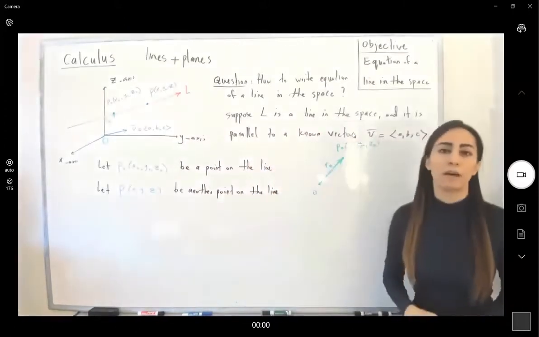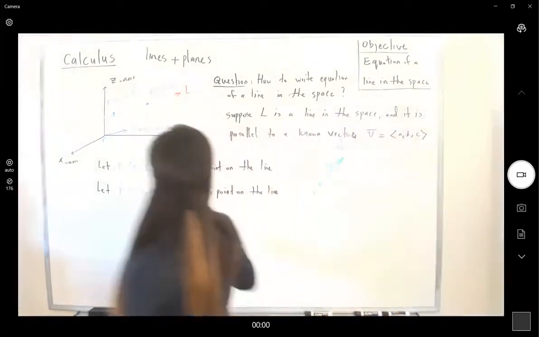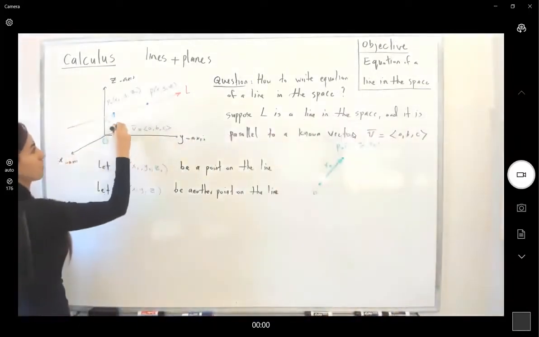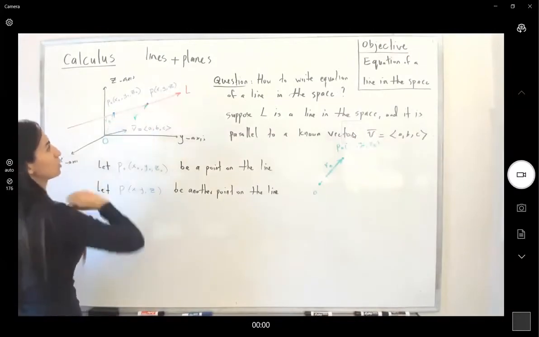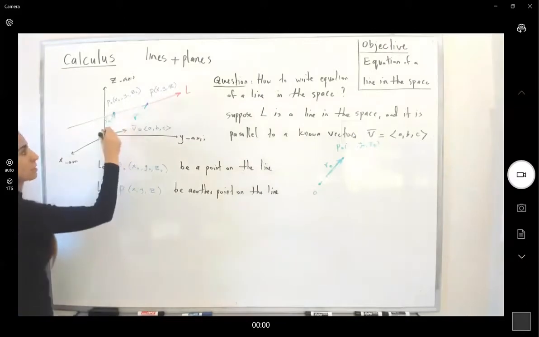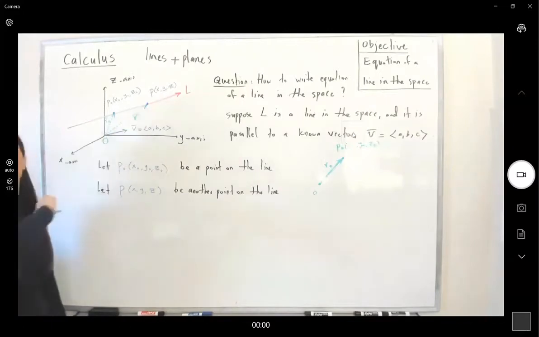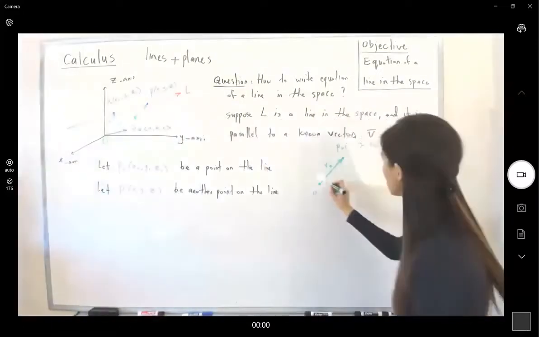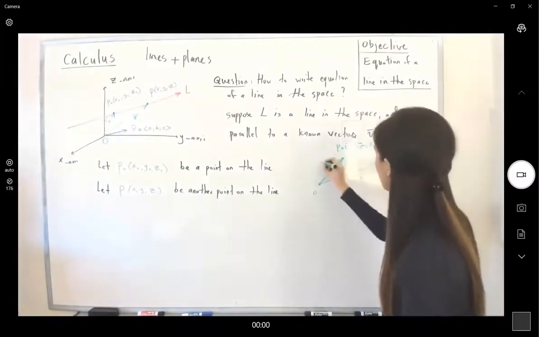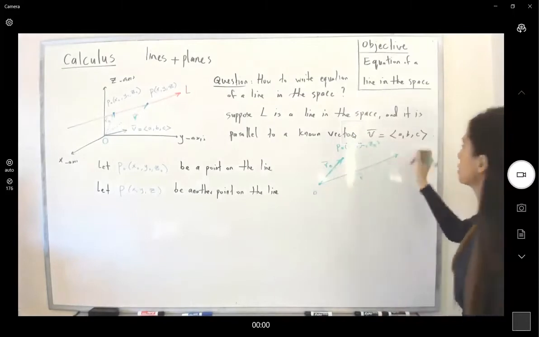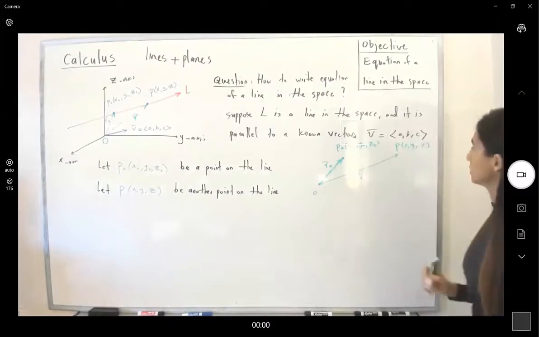Again, since I have another point on the line, I can quickly form a vector. This is my second vector. R is going to be the vector that connects the origin to your point on the line. So this is my second vector here, R, that connects the origin to point P, x, y, and z.